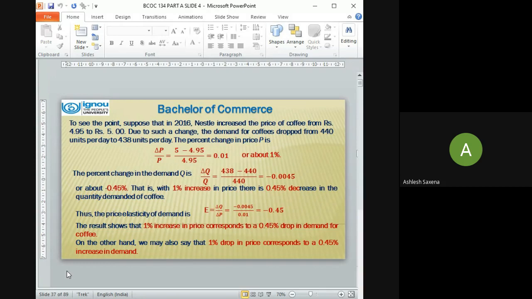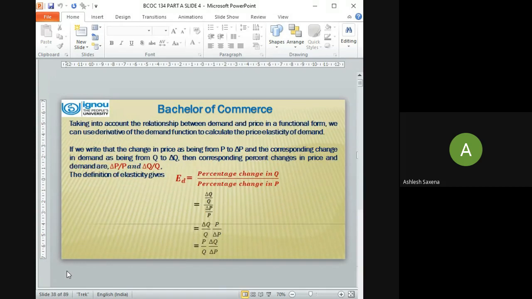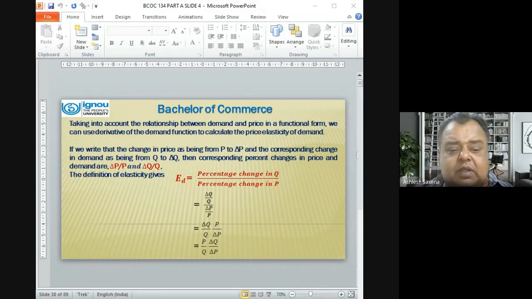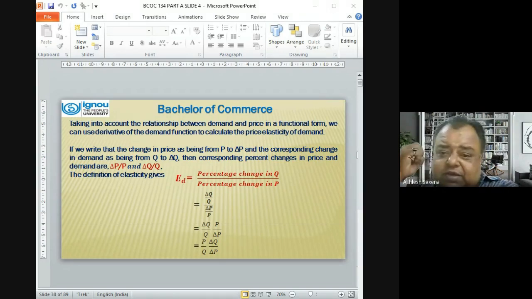The next part, taking into account the relationship between demand and price in a functional form, we can use the derivative of the demand function to calculate the price elasticity of demand.